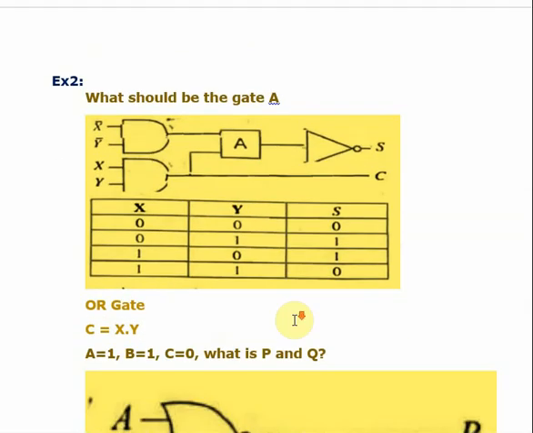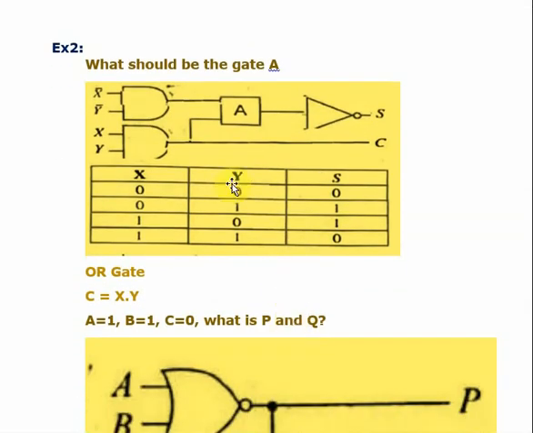Now see this one. What should be the gate A? To give this output, what should be the gate A, they are asking. Now X is 0, Y is 0. Here it is given X bar, Y bar.